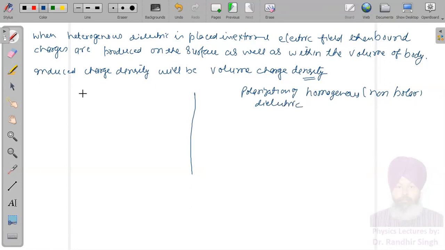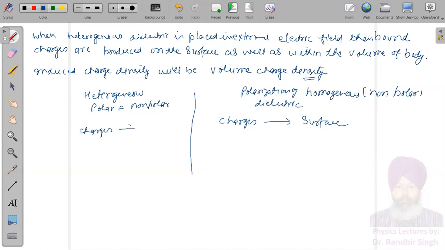I am discussing with you heterogeneous, which is a mixture of polar as well as non-polar molecules. In that case, charges were produced on the surface only. Here the charges are produced on the surface as well as in the bulk.